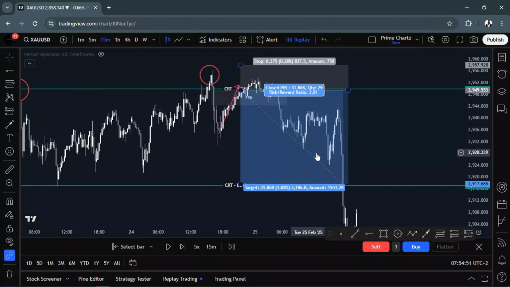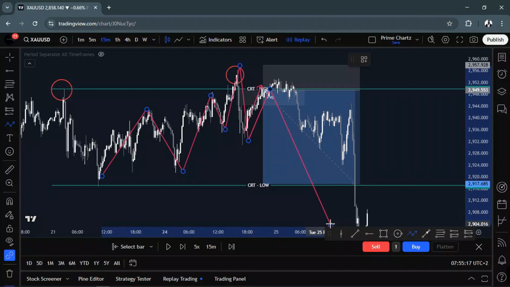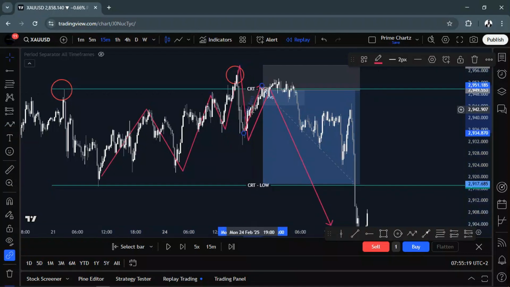This is the CRT model right here. We can clearly see the distribution phase right here. And then here our manipulation phase, taking out the liquidity, price moving back quickly into the range, and then again filling up the fair value gap and then distributing to the downside, guys. This is what we want to see right here.